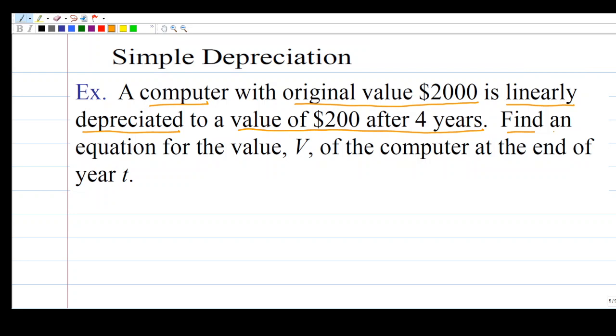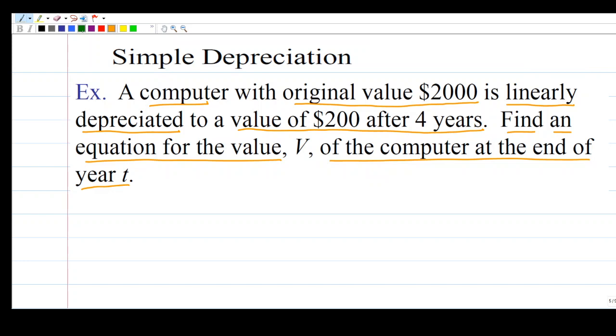Find an equation for the value, capital V, of the computer at the end of year T.